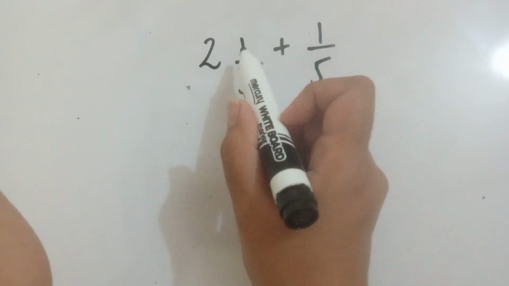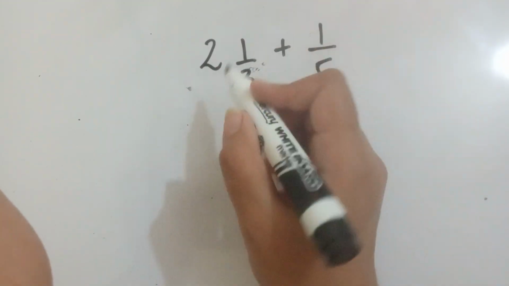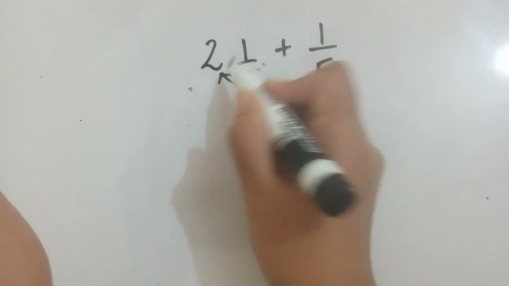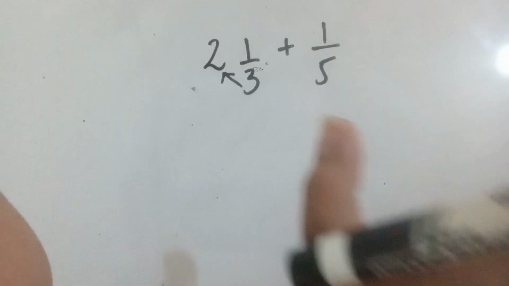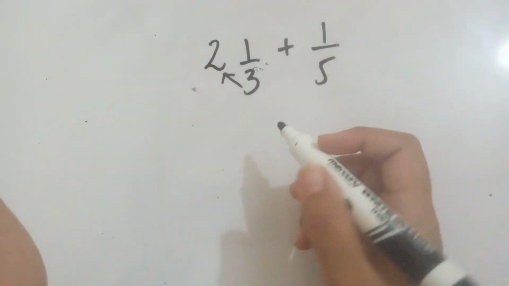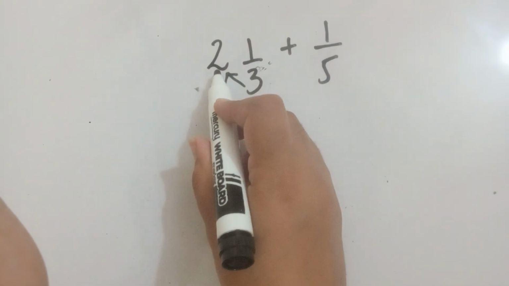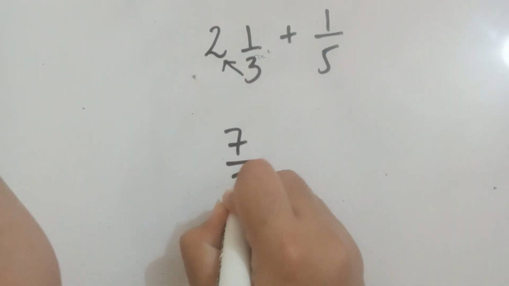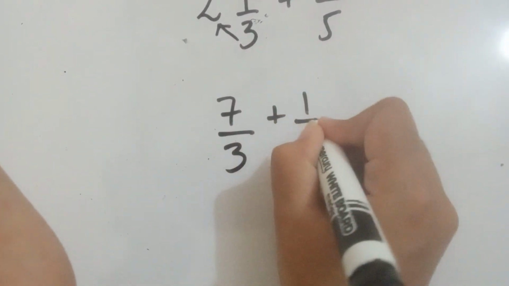First you have to convert this mixed fraction into an improper fraction. You will multiply 3 with 2. Same steps as before. 3 times 2 is 6, 6 plus 1 is 7. So it will become 7 by 3 plus 1 by 5.